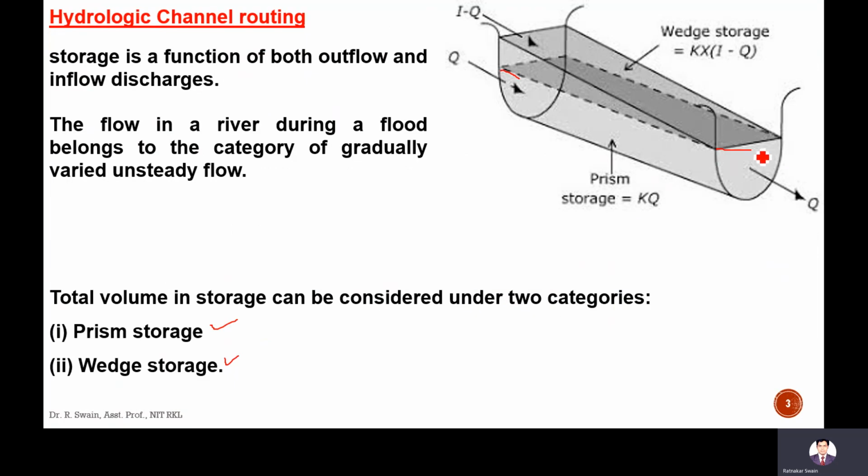At the outflow section, the plane which is drawn parallel to the channel bed, that storage is called prism storage.